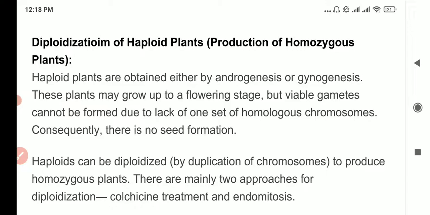These plants may grow up to the flowering stage, but viable gametes cannot be formed due to the lack of one set of homologous chromosomes. So there will not be any seed formation. It can flower, yes, but how can the gametes be viable? Because it has only one set of chromosomes. So you have to diploidize.